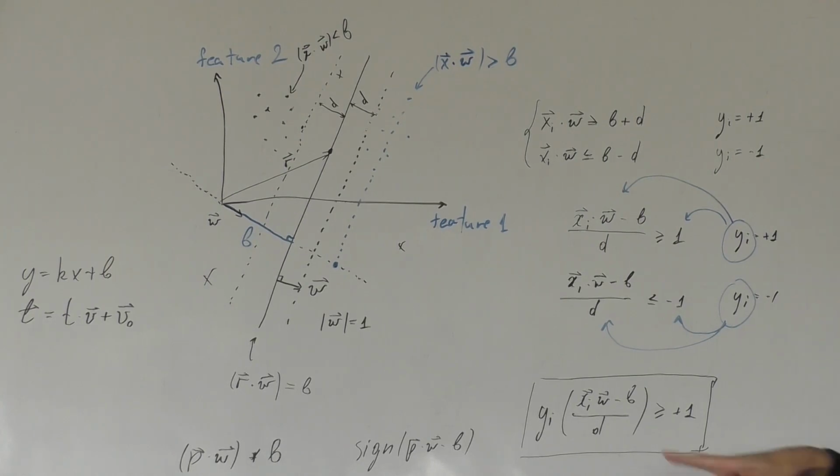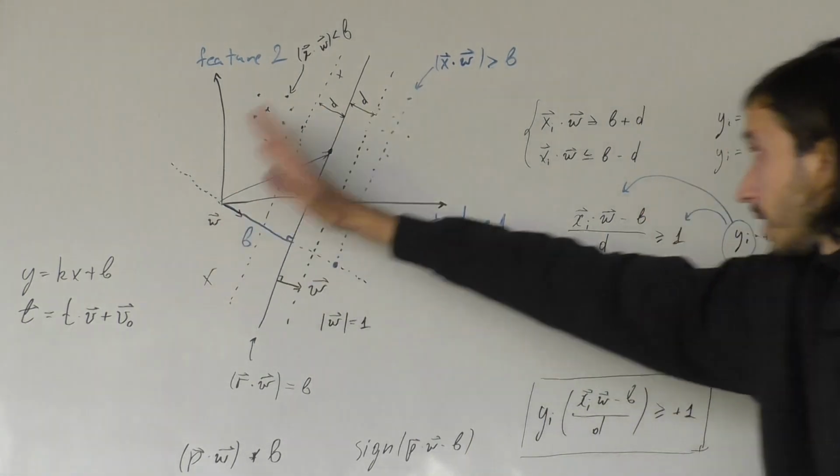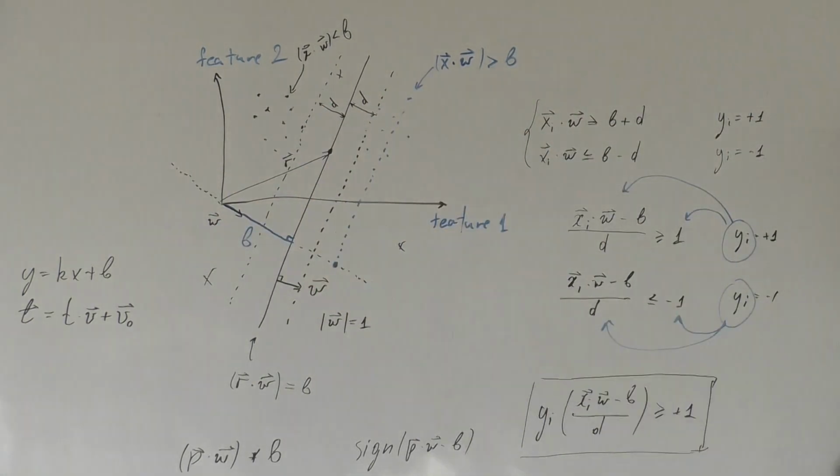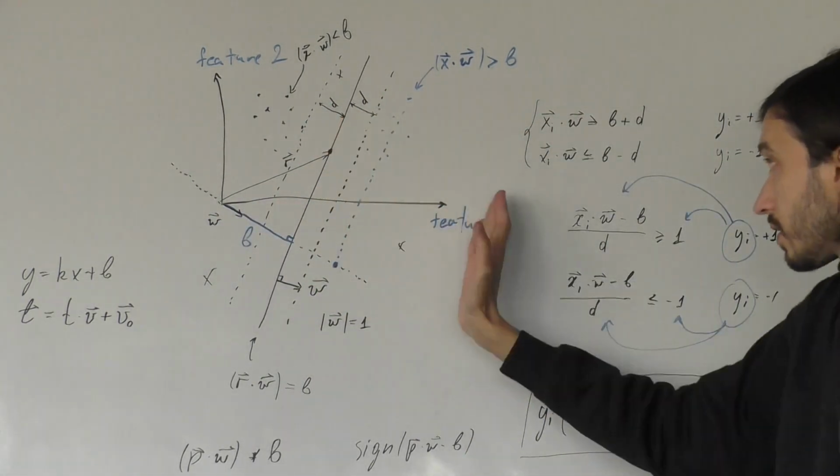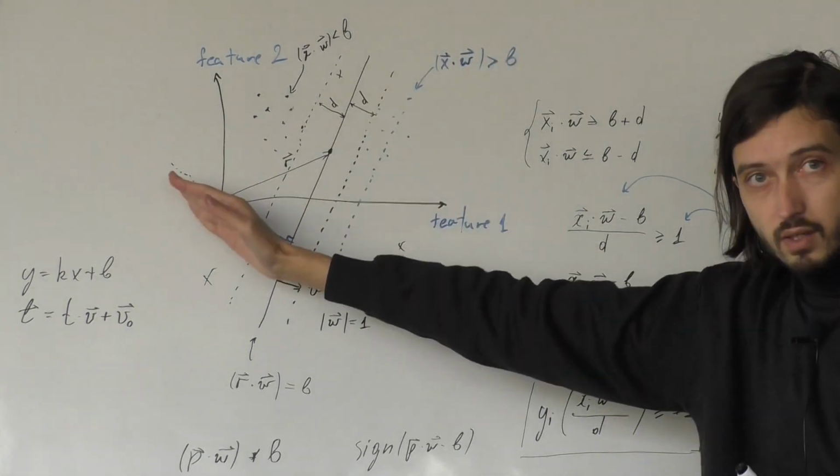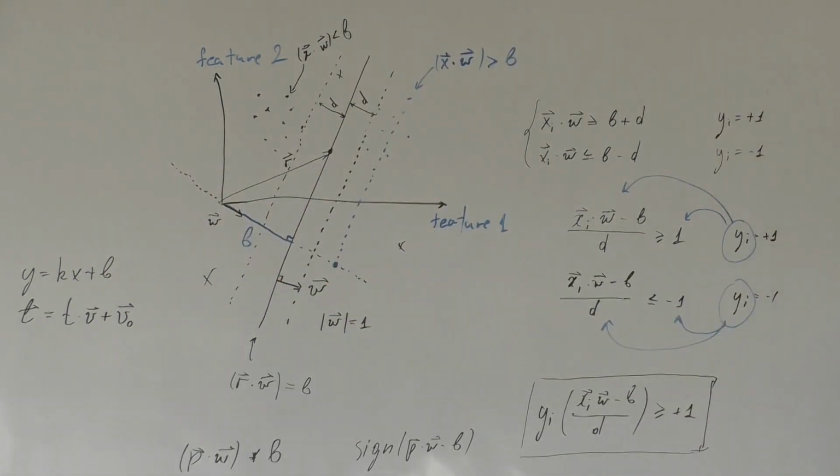So these are my inequalities that tell me that points of my data set are lying on the different sides of this line, so that class +1 lies here, class -1 lies here. They are lying not closer than some distance d.